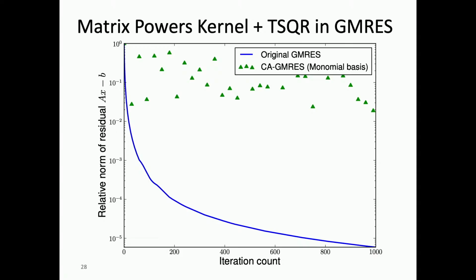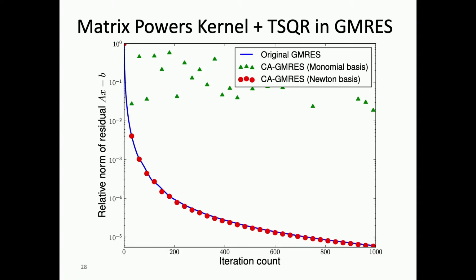And what if I choose a different basis? It does just fine. We're calling that the Newton basis. Basically, from all of those polynomials, you're sort of implicitly running Arnoldi. You can get information about the spectrum of A, and you can use that to build the right polynomials to ensure you get convergence. So we're sort of doing a little eigenvalue problem under the hood.